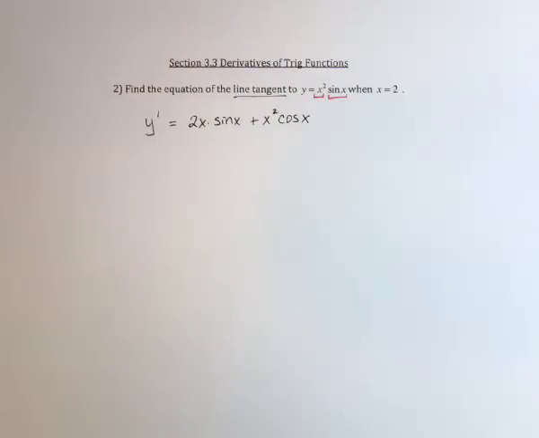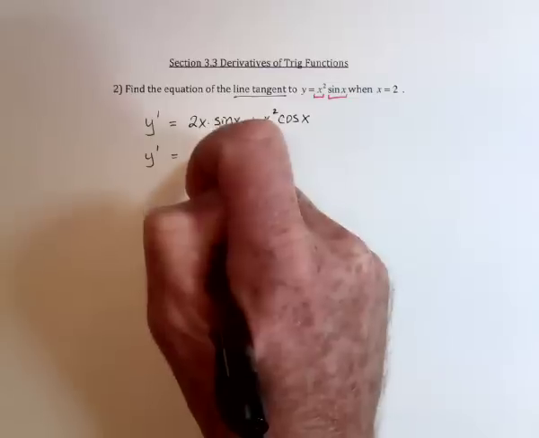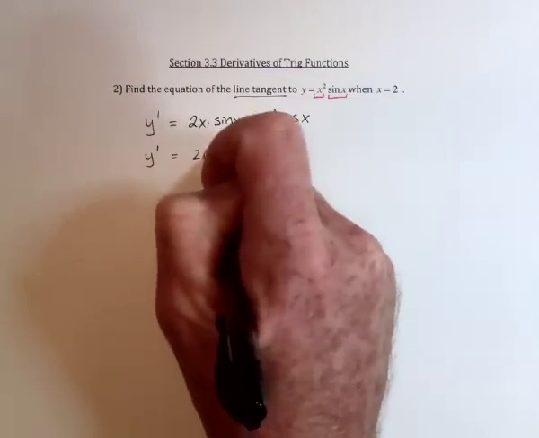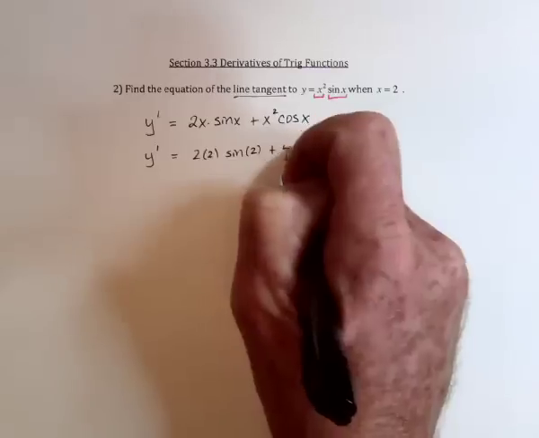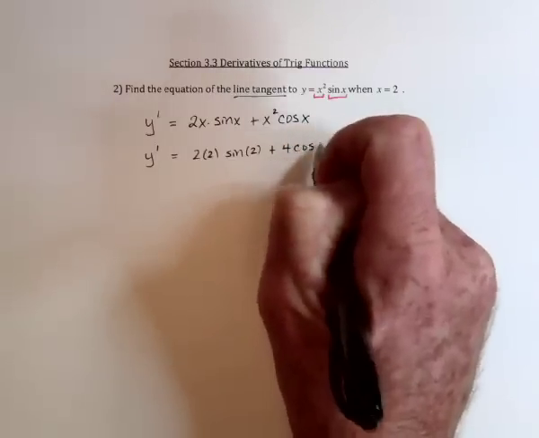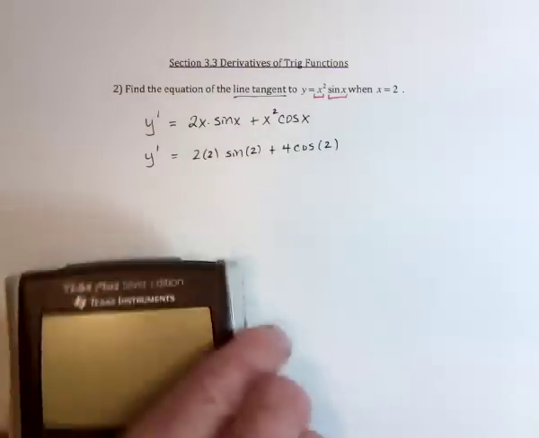And now to find the actual slope, we're going to need to substitute in the number 2. The calculator might be handy for that.